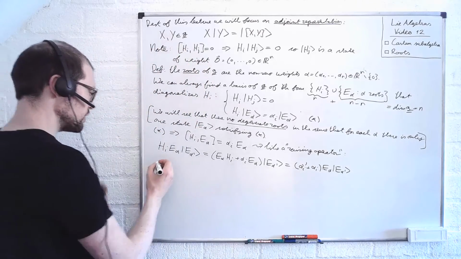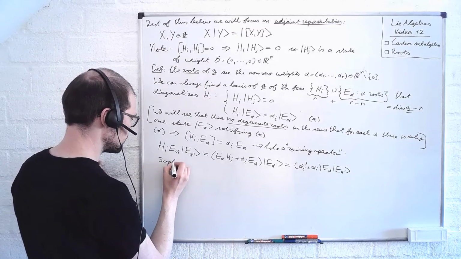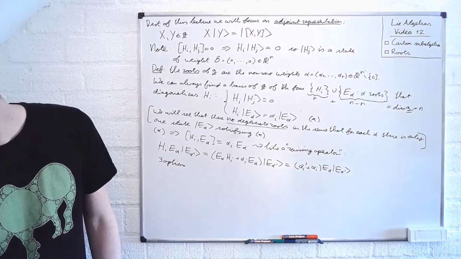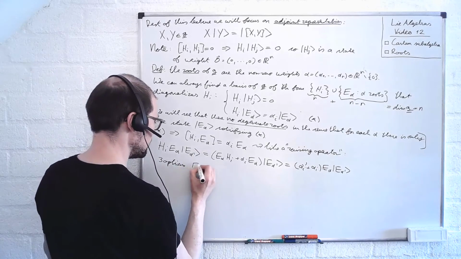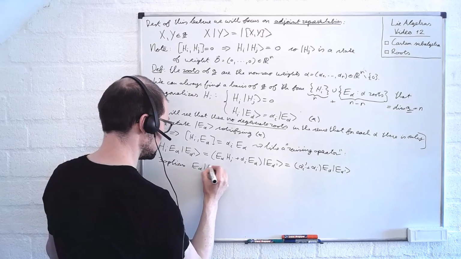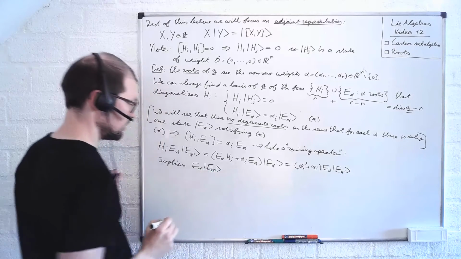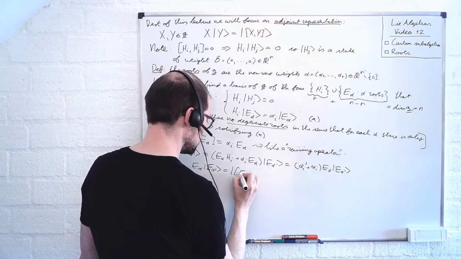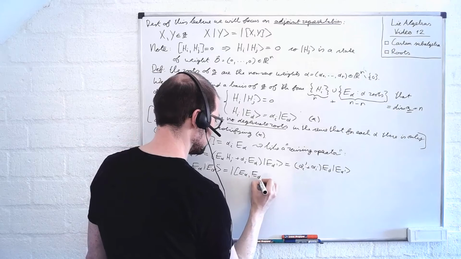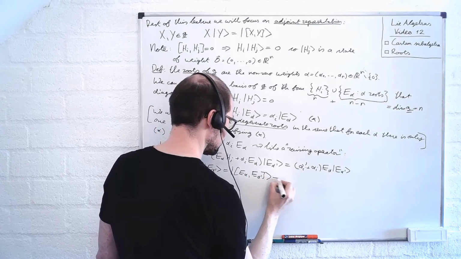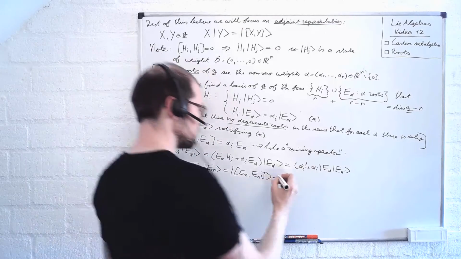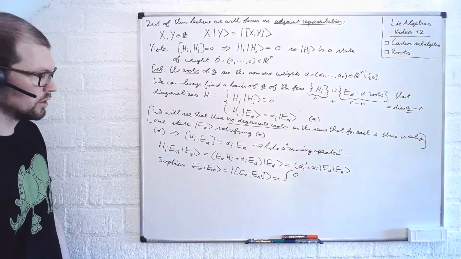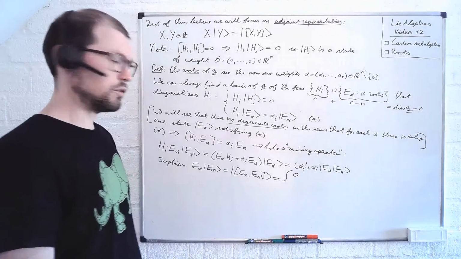So essentially there are three options for this particular state, E of alpha acting on E of alpha prime. So this is really the commutator of E of alpha with E of alpha prime. So what are the three options? Well, it can vanish if these commute with each other.